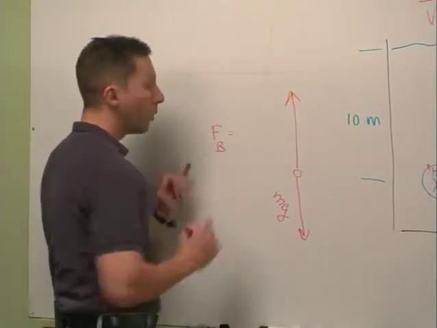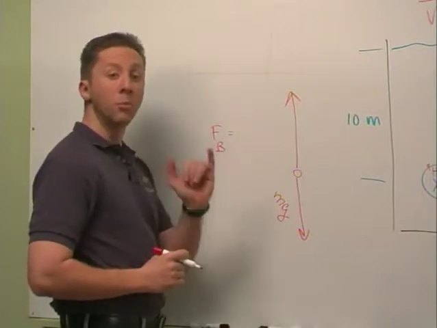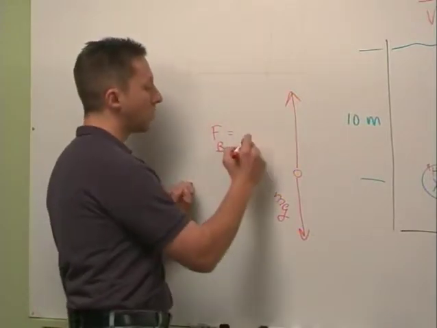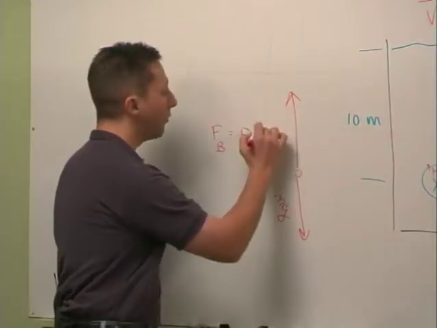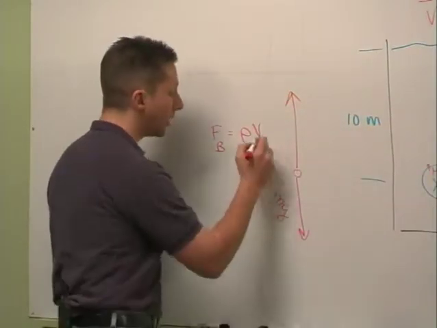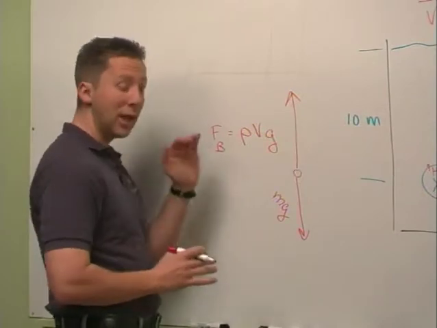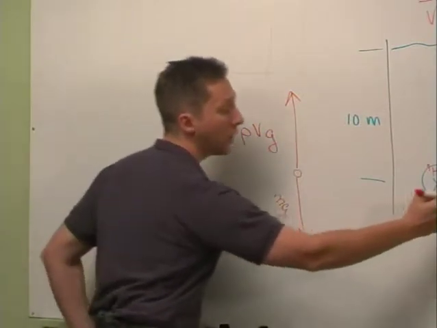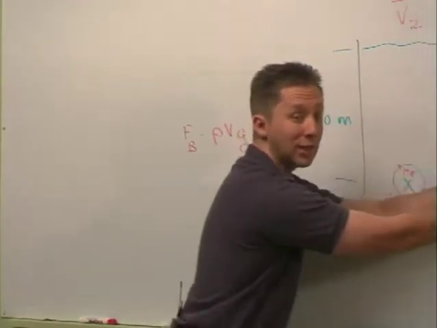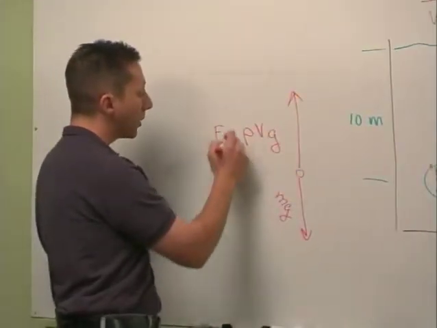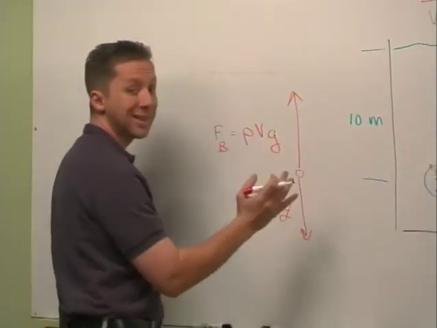And let's do that formulaically. You must know that the formula for buoyant force is rho, the density of the water, times V, the volume of water displaced, times g. And the thing about this is F sub b for each balloon, because the density of the water stays constant and the volume displaced is constant, this value here, the buoyant force on all balloons, is the same.